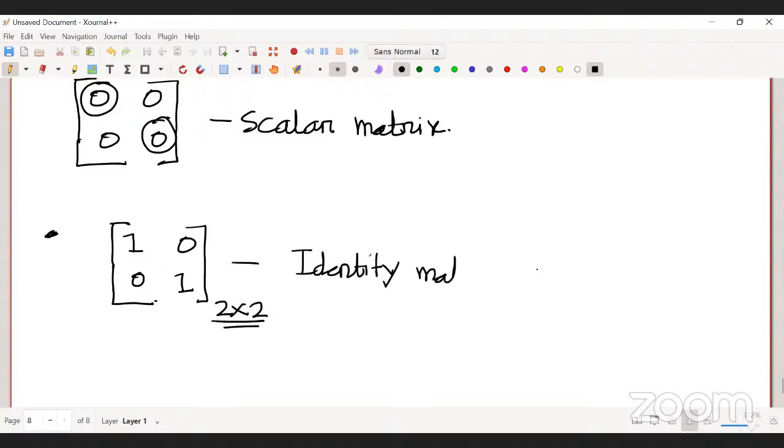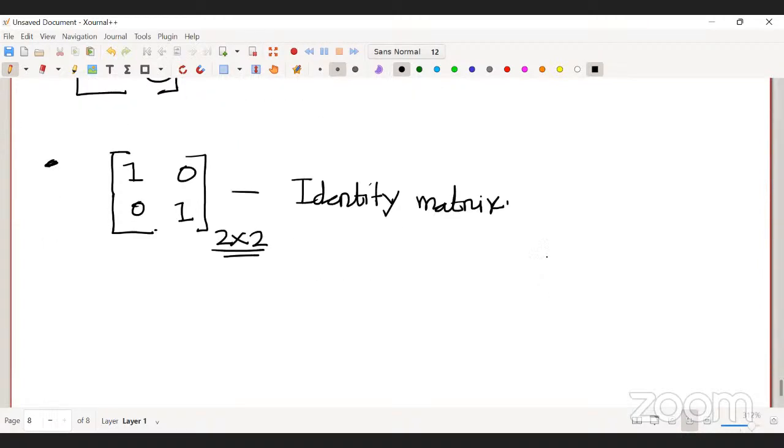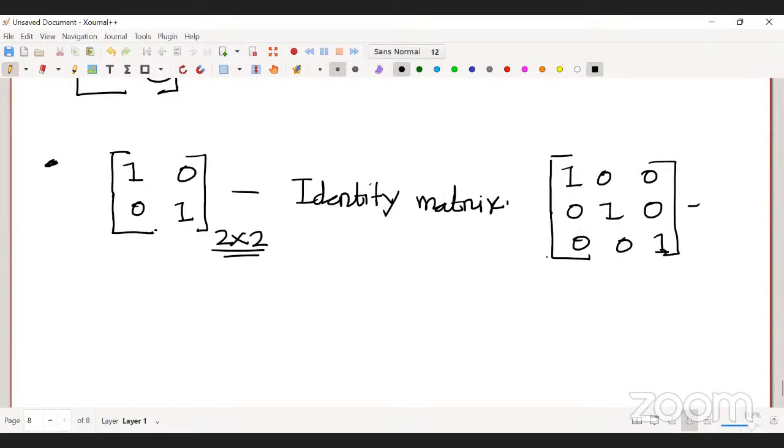This is one of the most important matrices that you will see later. If I write like this, then this is basically an identity matrix of order 3.